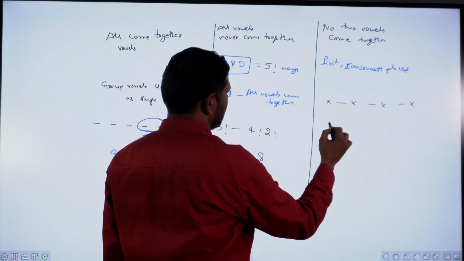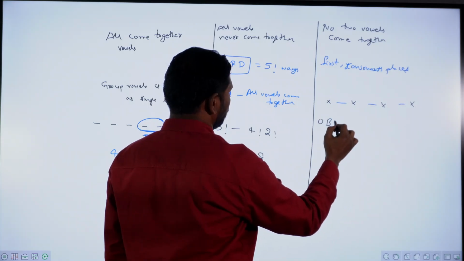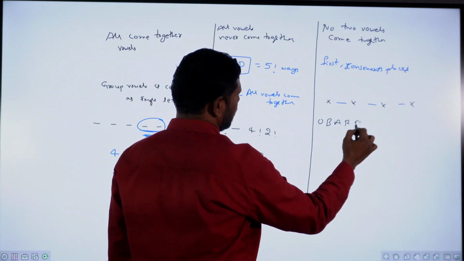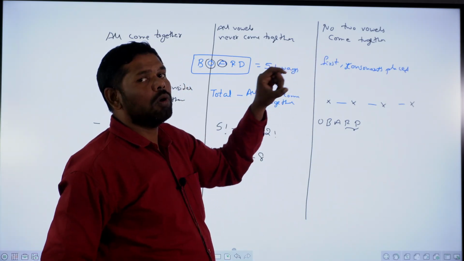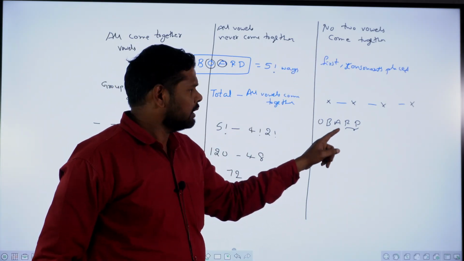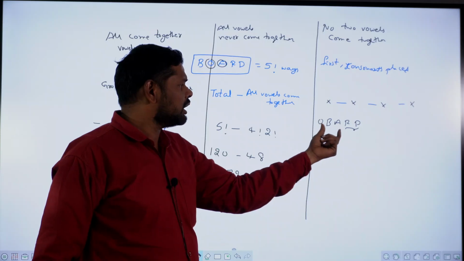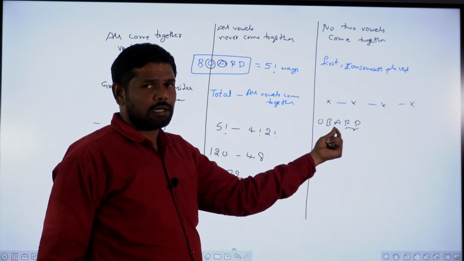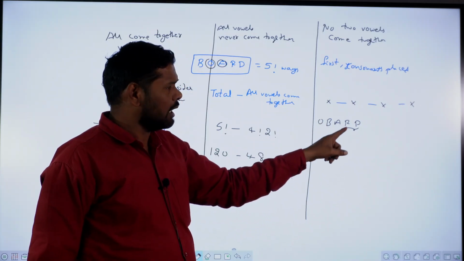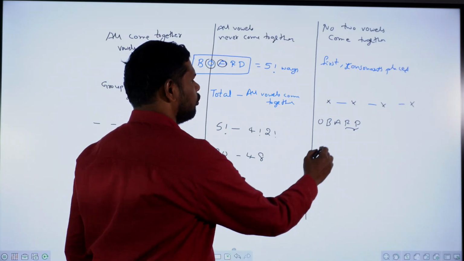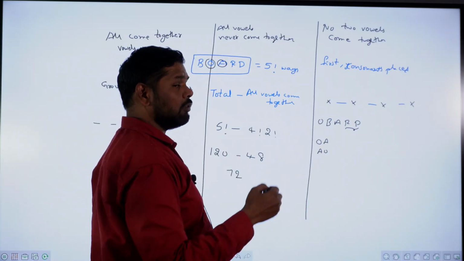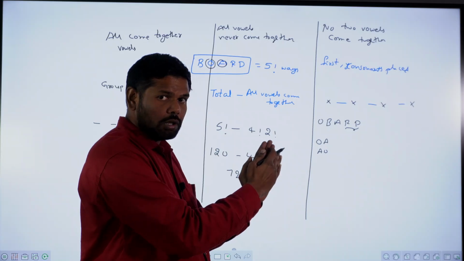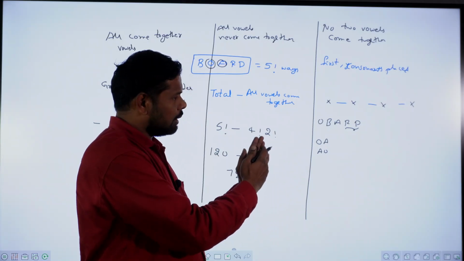Suppose I write O, B, A, R, D. Here 2 consonants are side by side, but the question is asking that no 2 vowels come together, so consonants coming side by side is acceptable. But OA and AO are not possible. If there were 3 vowels, no 2 of them may be side by side.